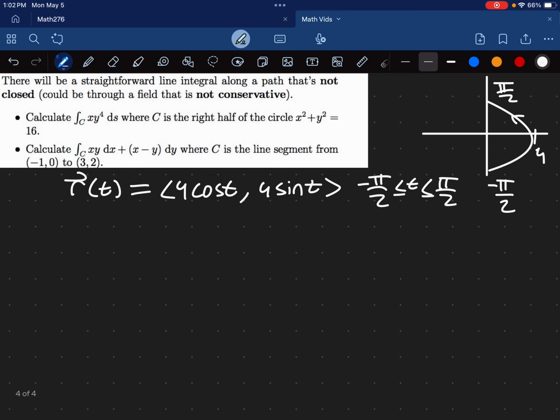Okay. So now, what our ds means, I don't know if we've defined this before. So little ds means it's the magnitude of r prime of t. So we first need to find r prime of t. So let's go ahead and do that. R prime of t.